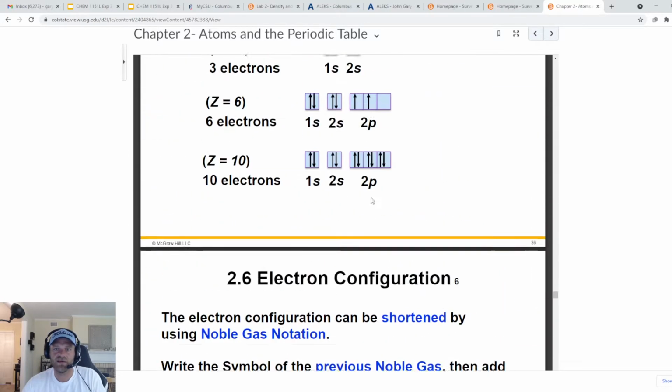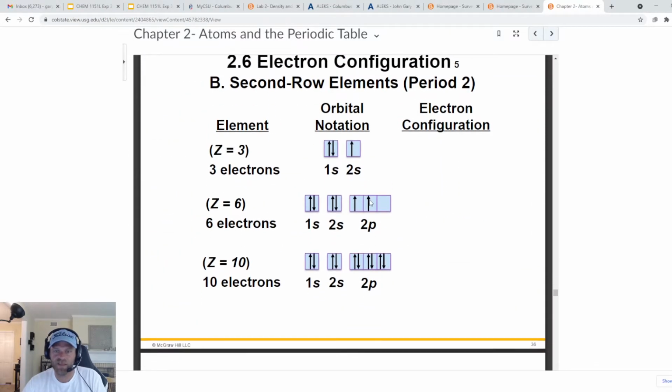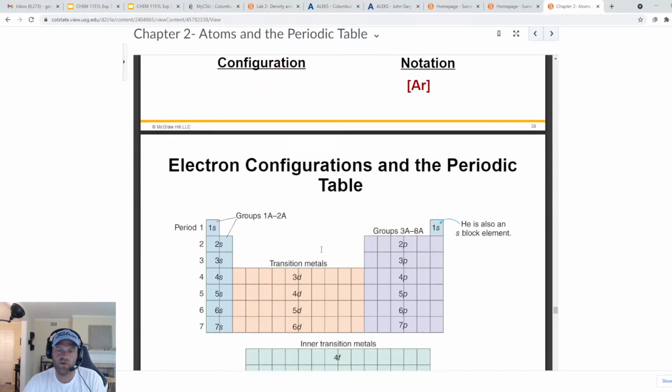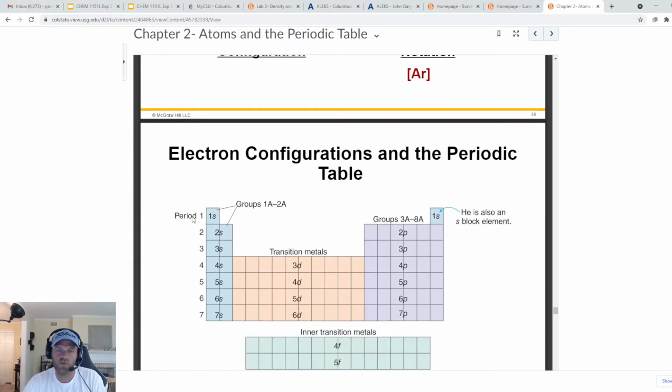And so that's how you see here is an electron configuration for Z equals 6. That would be what, right? 1, 2, 3, 4, 5, 6, right about here. Okay, I think that is carbon, I believe.